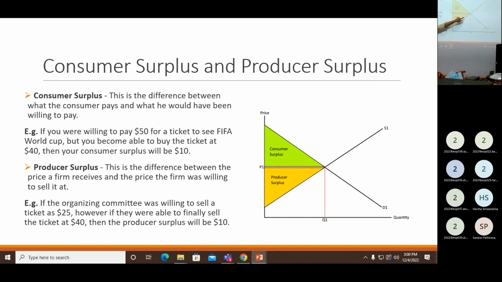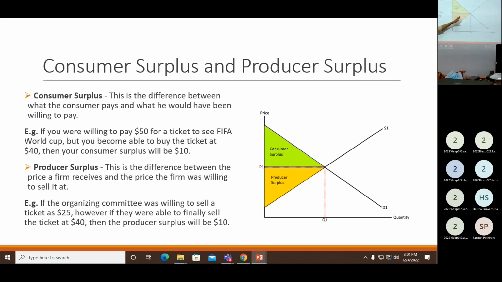But anything you receive beyond that is adding to your profit, right? Because of the market forces of demand and supply, the market has agreed to pay this price. So you're receiving something higher than you are willing to accept. Whatever is higher is your producer surplus.